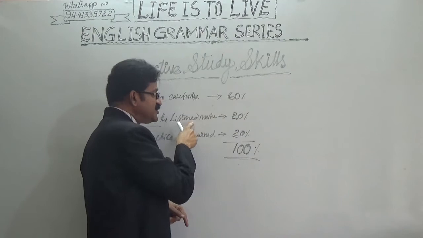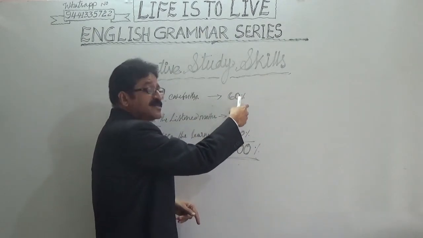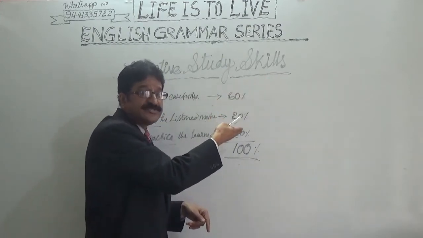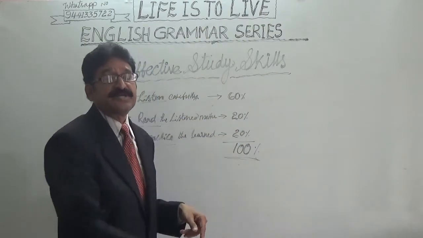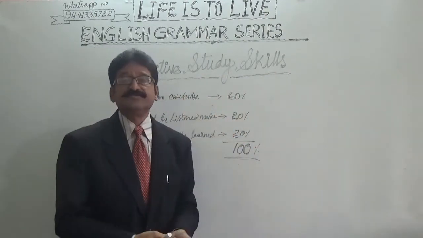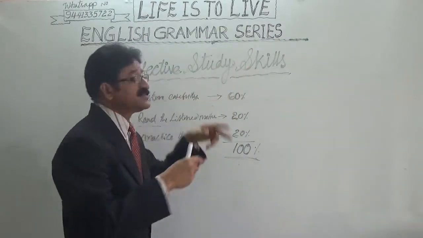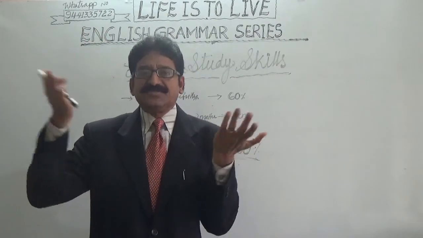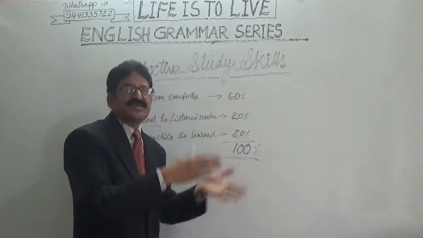If you don't do these two main steps, by the next day the 60 becomes 50. After 1 week, the 50 becomes 25. After 2 weeks, it becomes 20. After 1 month, it becomes 15. After 2 months, it becomes 10. After 6 months, it may be 5%. When we talk about the title, you might remember something, 5%, something like that. So gradually, it is going to decrease, evaporate.